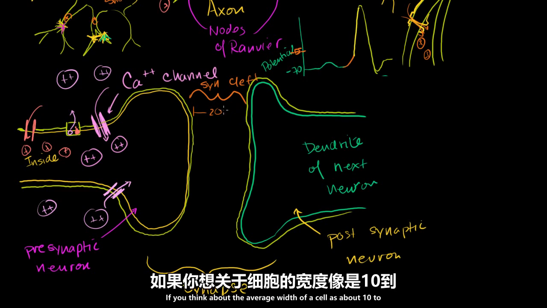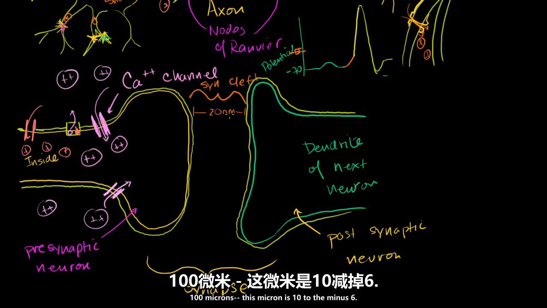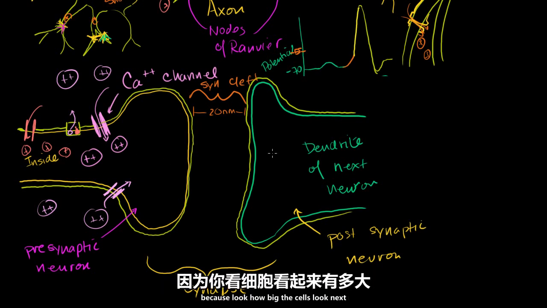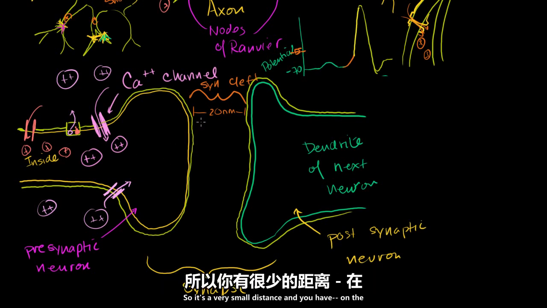If you think about the average width of a cell, depending on your view, it's about 10 to 100 microns. A micron is 10 to the minus 6. This is 20 times 10 to the minus 9 meters. So this is a very small distance, and it makes sense because look how big the cells look next to this small distance.